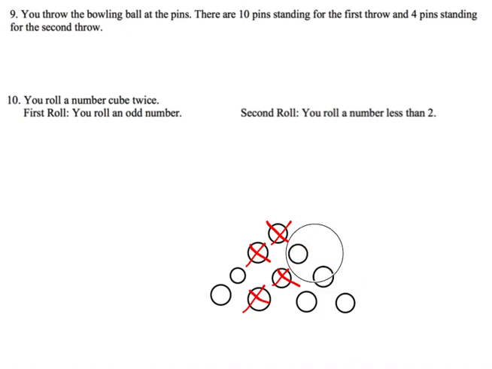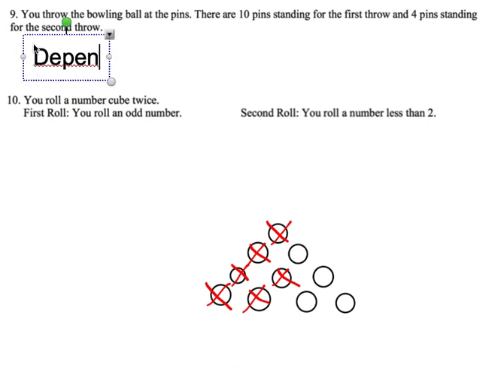Or this is not unlikely. So there's a lot of different ways it could happen. The 4 pins you have available for the second throw depends on what you knocked over. So this is definitely dependent.